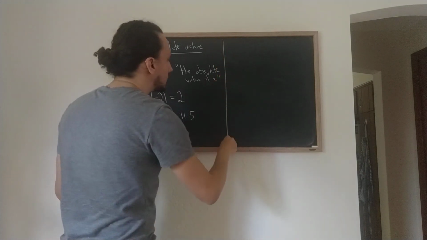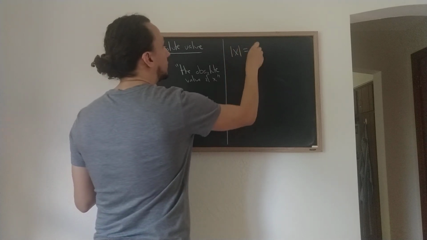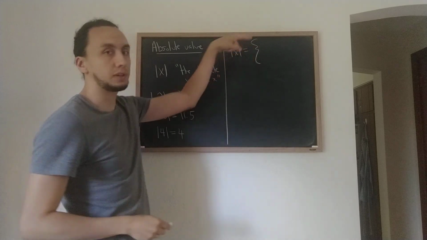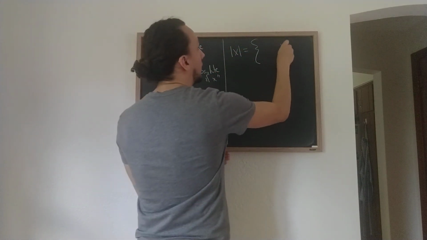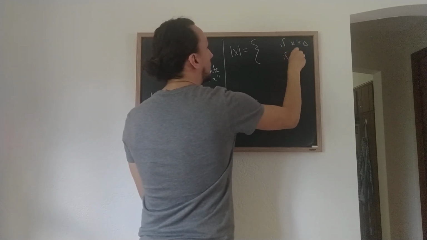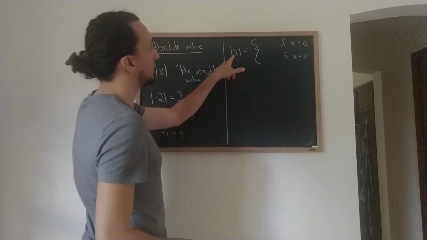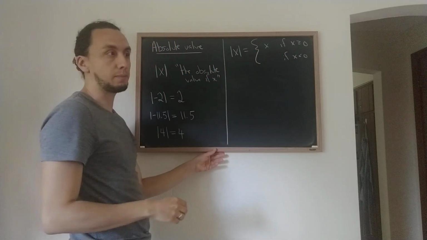So what that means is that we can define the absolute value of x as follows. It's a case definition because it does two different things depending on whether the number is greater than or equal to 0 or less than 0. If x is greater than or equal to 0, it does nothing to it. It leaves it the same.